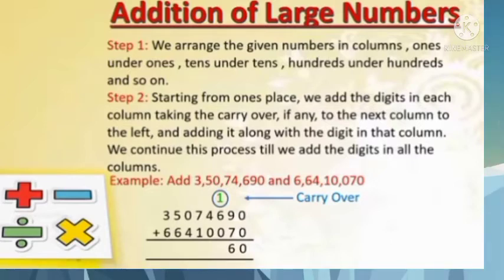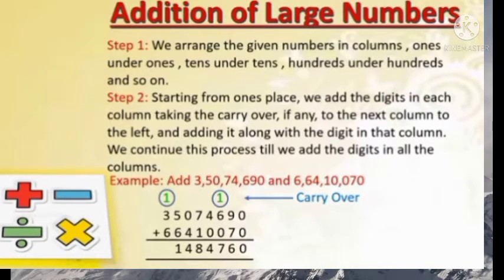Now next column we have 6 and 0. 6 plus 1 carryover 7. Next is 4 plus 0, 4. 7 plus 1, 8. 0 plus 4, 4. 5 plus 6, 11. Again here we have 2 digits. 1 will be carried over and 1 will be copied under this column.